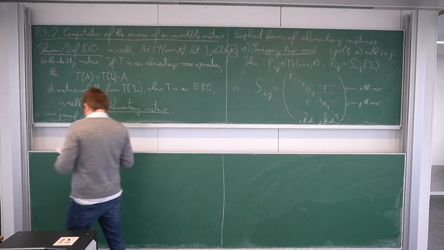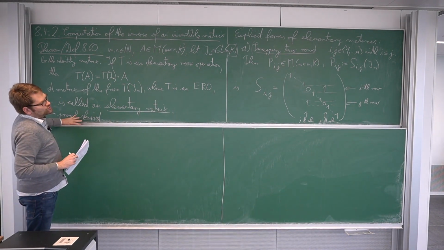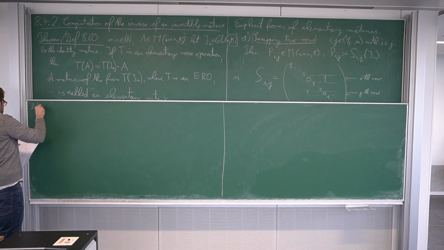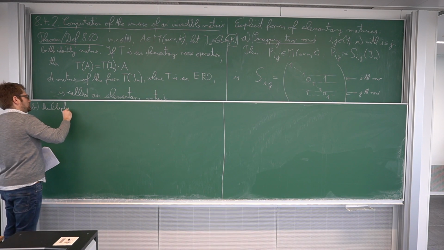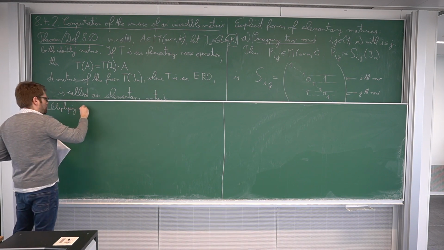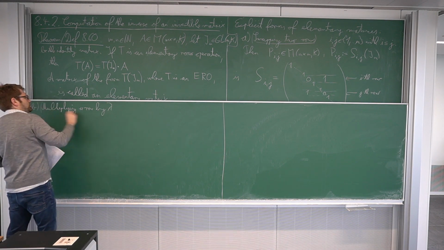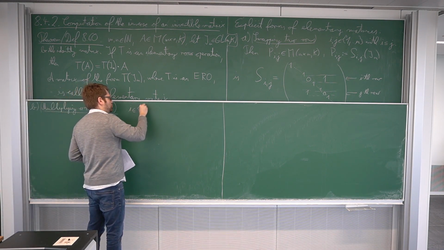Okay, now for the second type of elementary matrices, so elementary row operations, we had multiplication of rows by constants. That's probably the easiest. So multiplying a row by some lambda. So for this purpose, i is some row index.